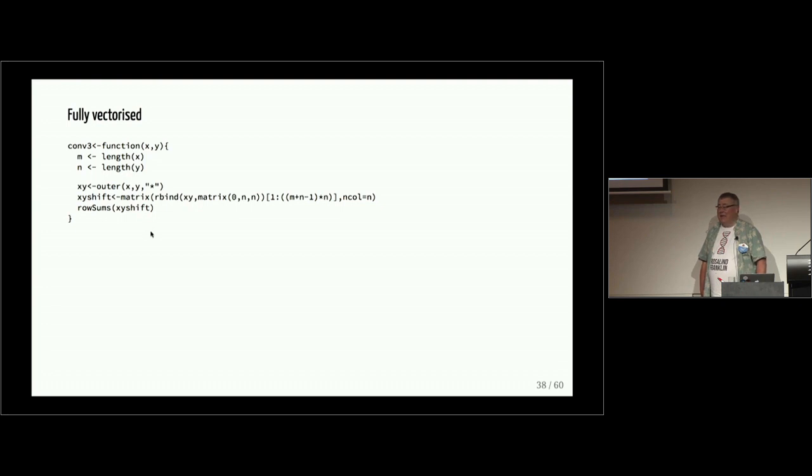So if m and n were 1,000,000, then the second version would work perfectly well, and the third version would be a complete disaster because it would be trying to allocate far more memory than you've got.